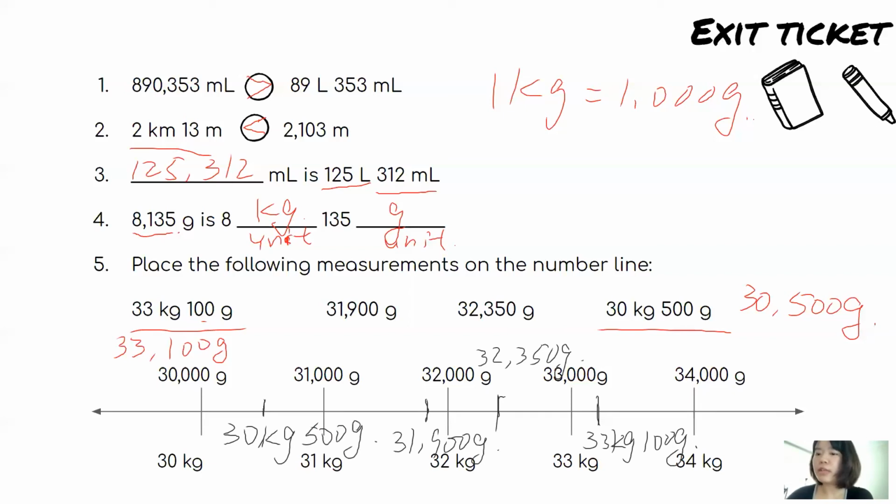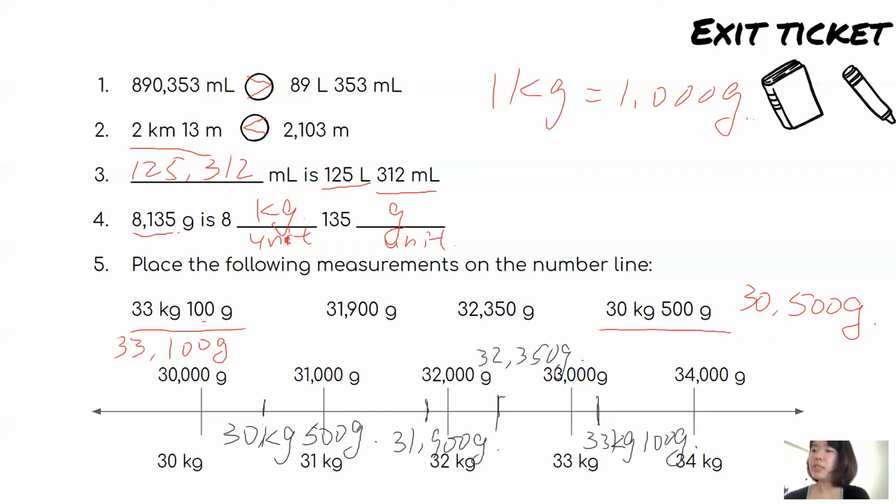And based on the number line, we know the number on the left is smaller than the number on the right. So it tells us to place the following measurements on the number line, and we can place them from the least to the greatest or from greatest to the least. For me, I will place them from least to greatest.